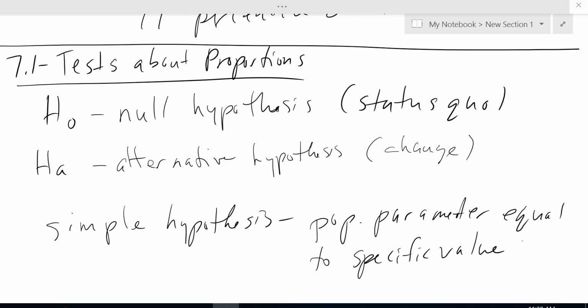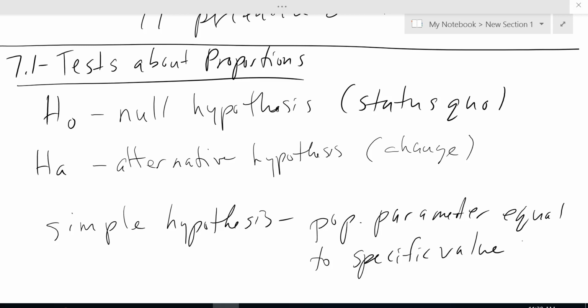It could be the difference of the means is equal to a specific value, typically 0, because you think about the means being the same. Variance could be equal to a specific value, or variances could be equal to each other, those kinds of things. But the simple hypothesis part is the fact that it's identically equal to something, not in a range of things.